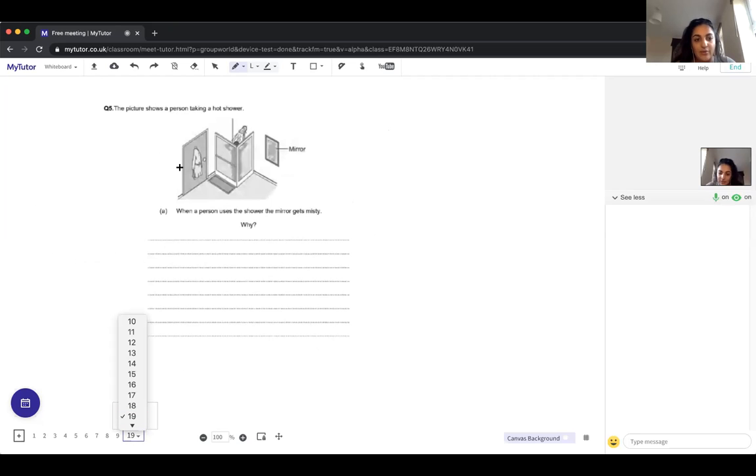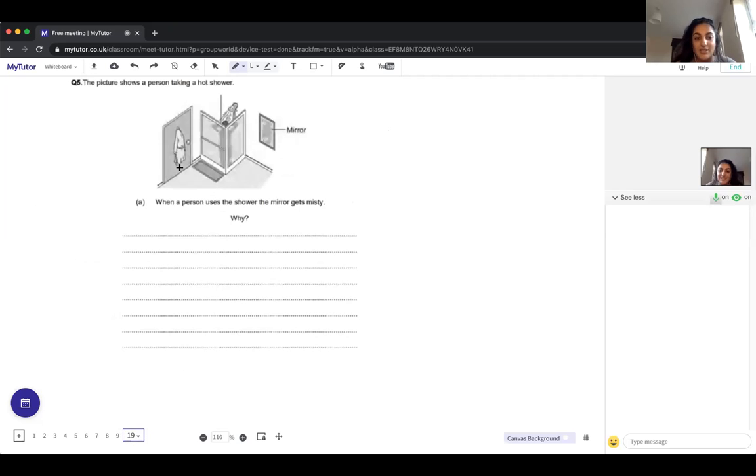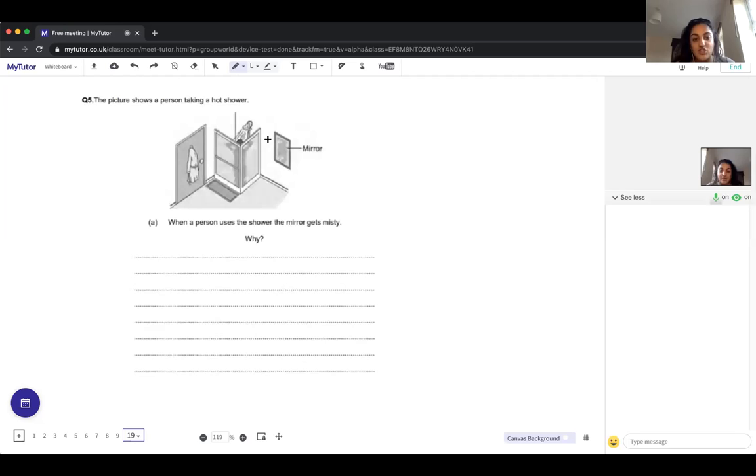Okay, so this picture shows a person taking a hot shower. There's a mirror in their bathroom, and when the person uses the shower, the mirror gets misty. But why does this happen? So I'm going to give you 30 seconds to have a think about why the mirror gets misty.